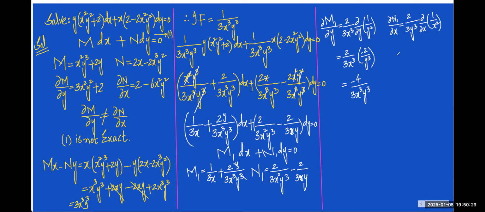So this is 2 by 3y cube, and this is minus 2 by x cube. If you see, both of them are the same, right? The process so far is correct, so it's satisfying. Dou M1 by dou y equals dou N1 by dou x, so therefore equation number 2 is exact.